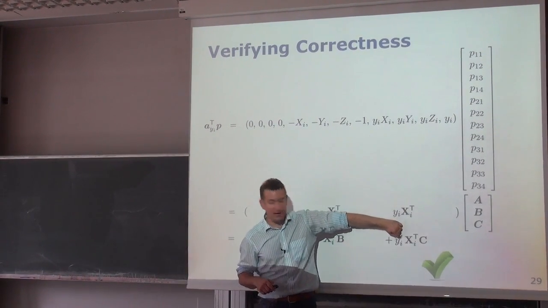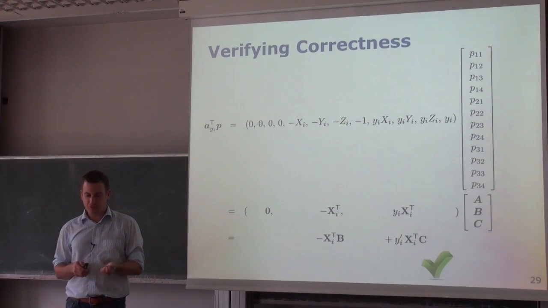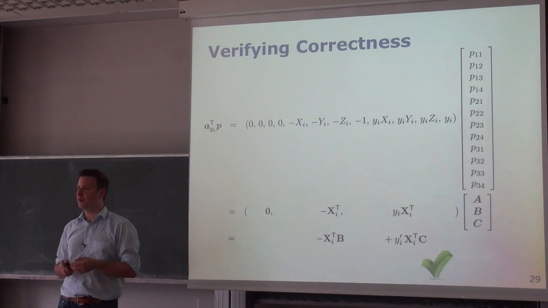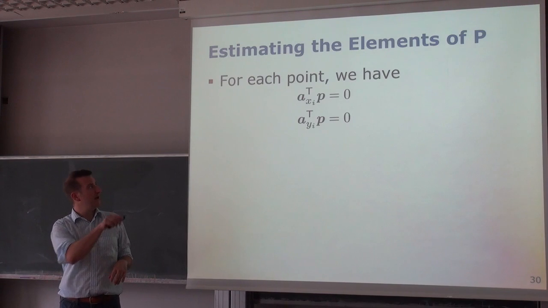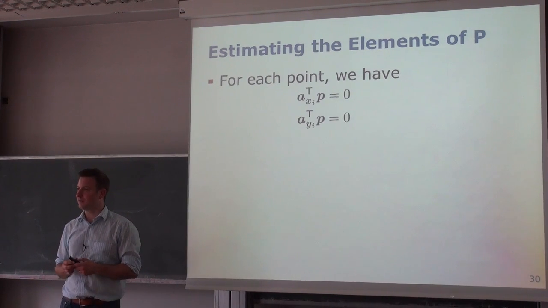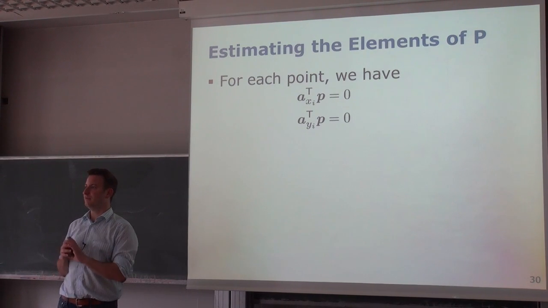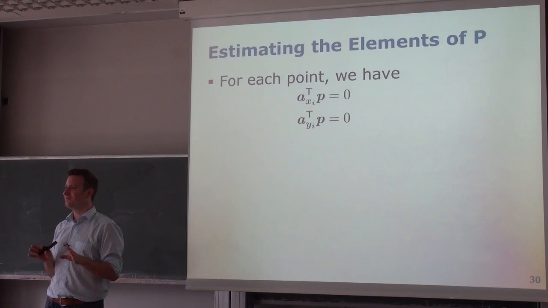Again, the prime here should be eliminated. So what we have shown so far is that the system of linear equations that we derived is exactly the same as those two constraints over here. Okay? Everyone happy up to that point? We have done nothing very fancy.